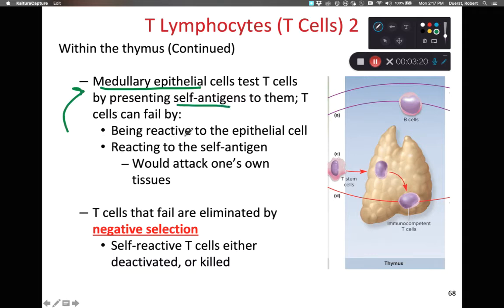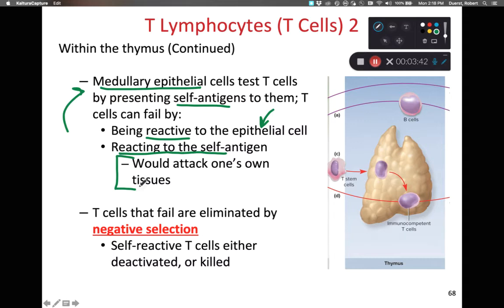If the T cells become reactive to the epithelial cells within the thymus, that means they reacted to the self-antigen and would attack our own tissues. That's bad. And we eliminate those T cells with negative selection. So self-reactive T cells are going to be destroyed.